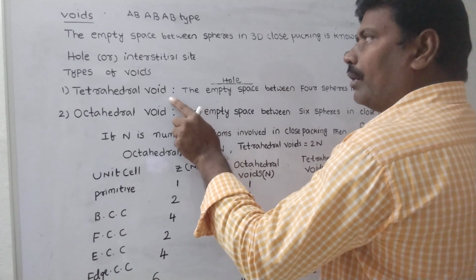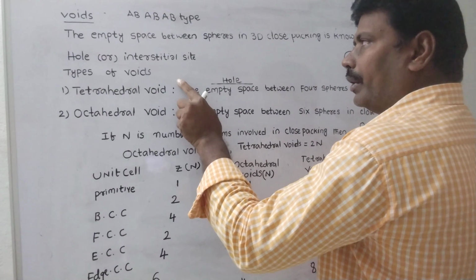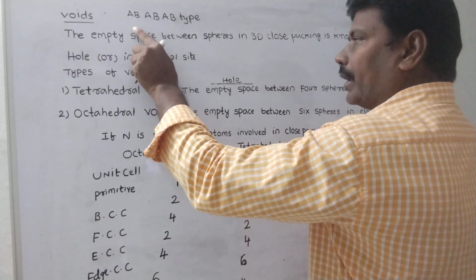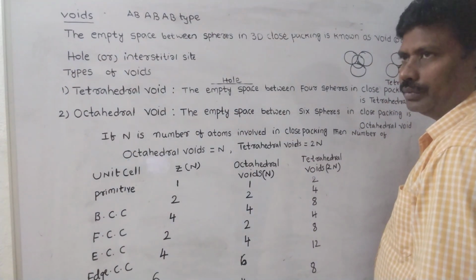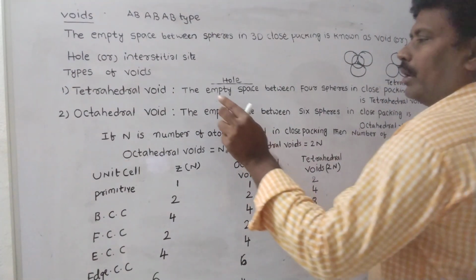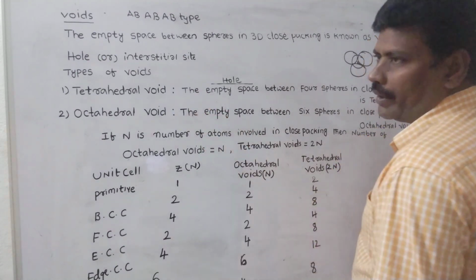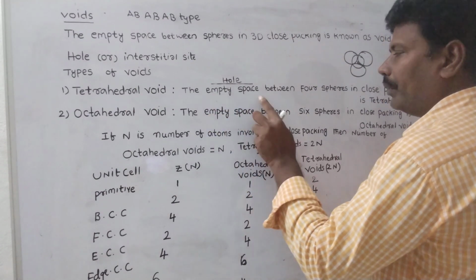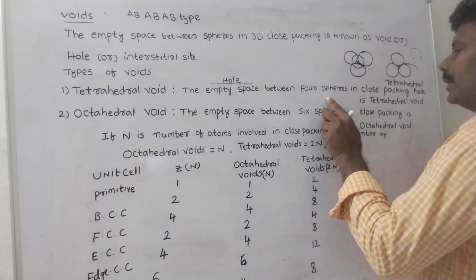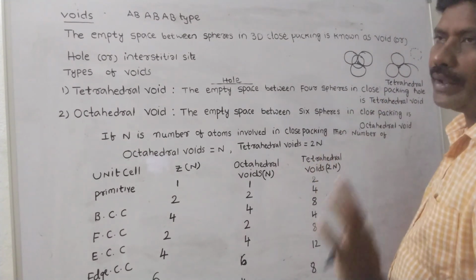The tetrahedral void is generally observed in three-dimensional close packing, particularly AB type close packing. So, what is the definition of a tetrahedral void? The empty space between the four spheres in close packing is called a tetrahedral void.